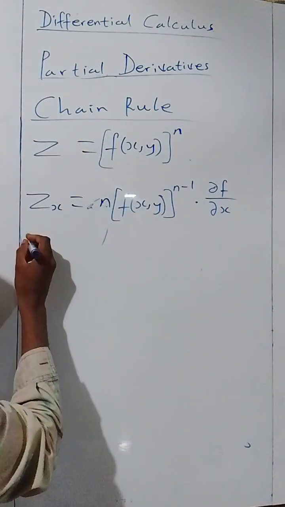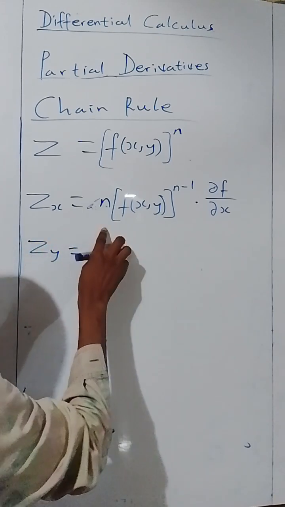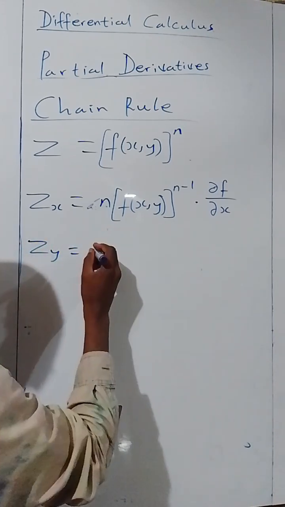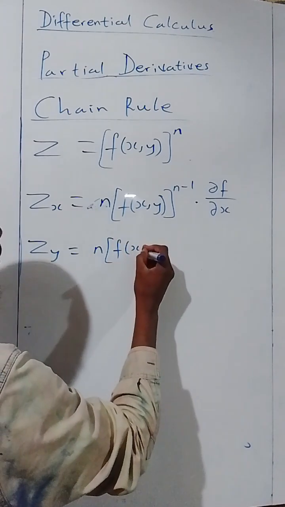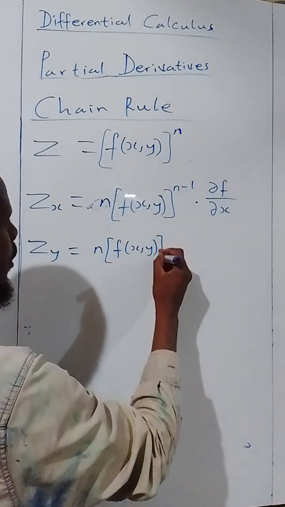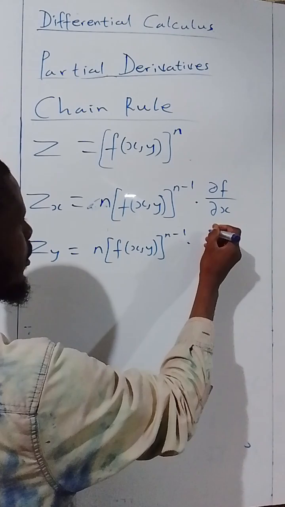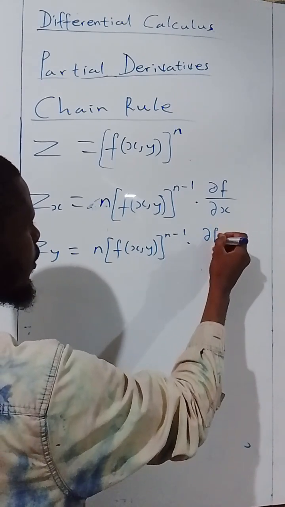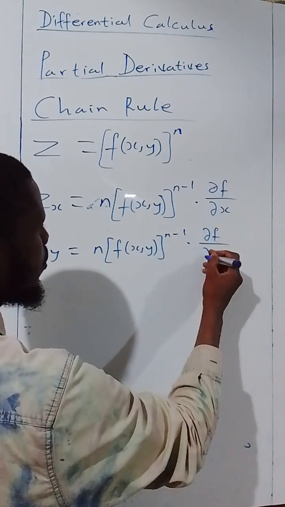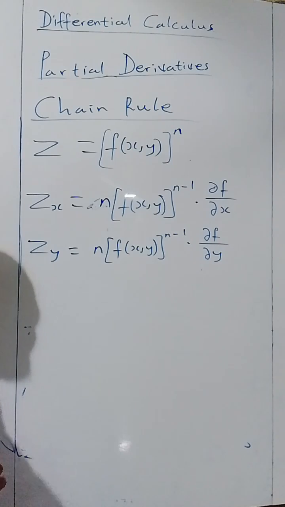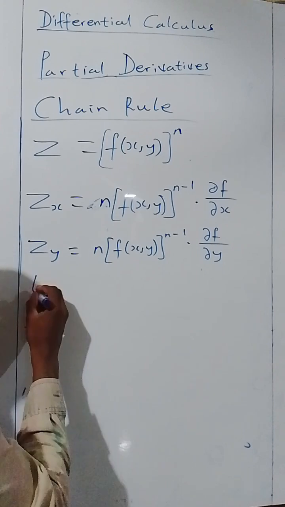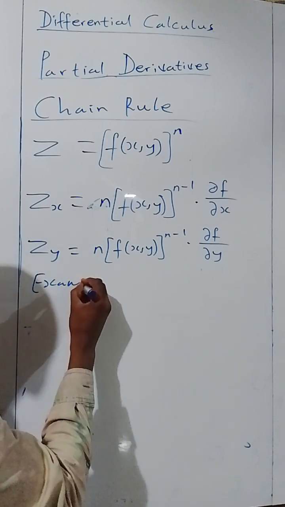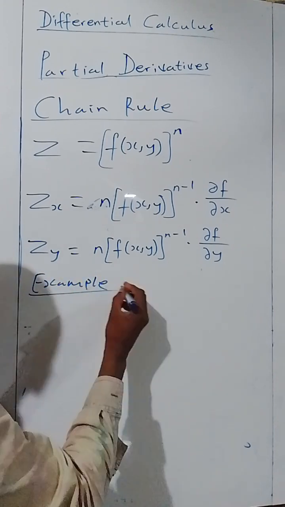Also, the partial derivative of z with respect to y will follow the same format. So we have n, f of x, y to the power n minus 1, then the partial derivative of f with respect to y this time around. So it's very simple. Only this part changes. So let's take a look at an example and apply this rule.